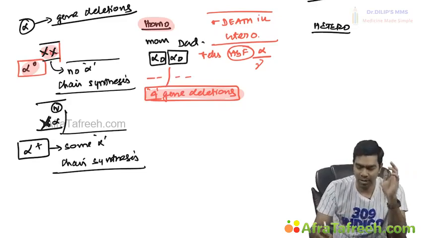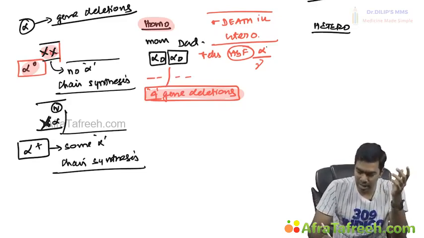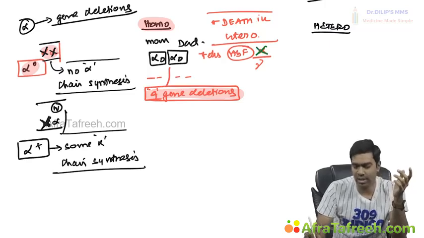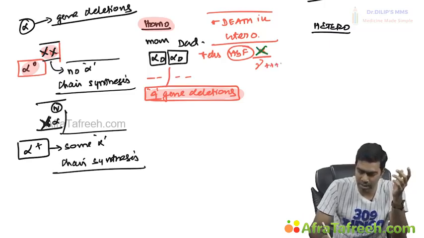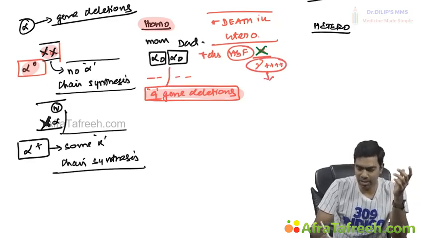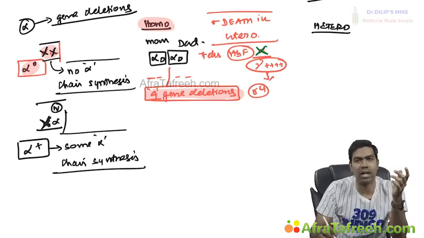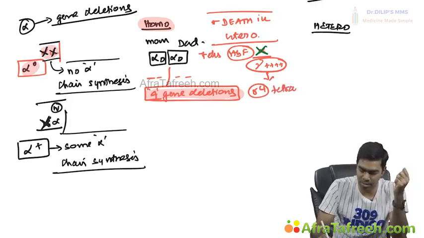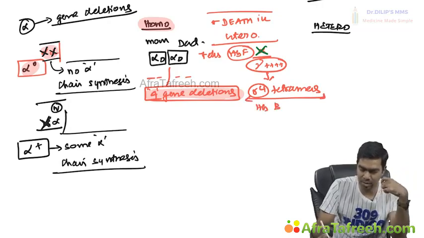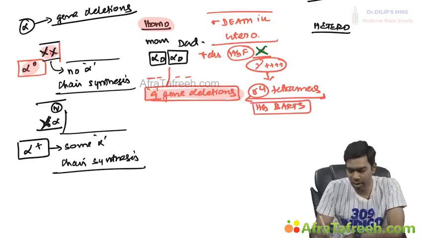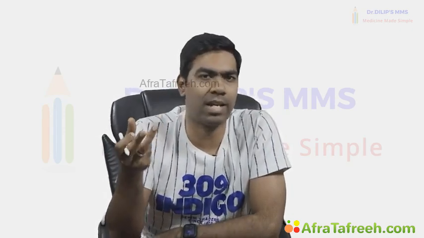But in this condition, since there is absolutely no alpha chain, only gamma chains will be produced, and these gamma chains can tetramerize and produce gamma 4 tetramers. This gamma 4 tetramer is what we call hemoglobin Barts. The problem with hemoglobin Barts is that it is made only of gamma chains. Remember, gamma chains are the ones that give hemoglobin F its characteristic high affinity for oxygen.